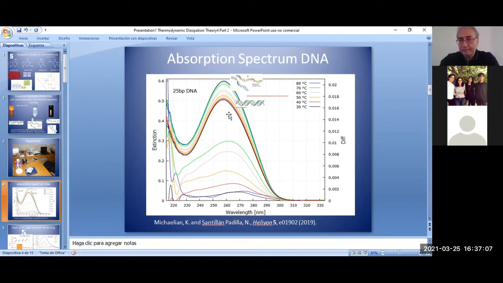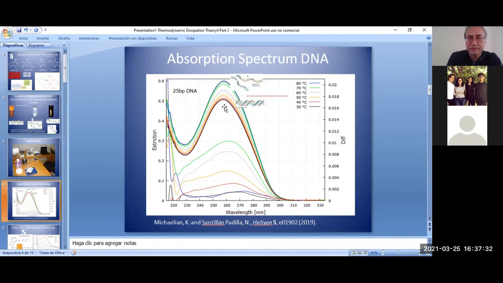And how do you know that it is really separating? Oh, well, usually there are different techniques, but the one that we are using is this denaturing curve, which is the absorption of ultraviolet light at 260 nanometers. So this is in the UVC range, 260 nanometers.